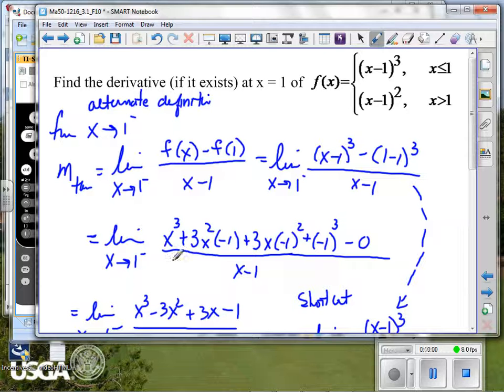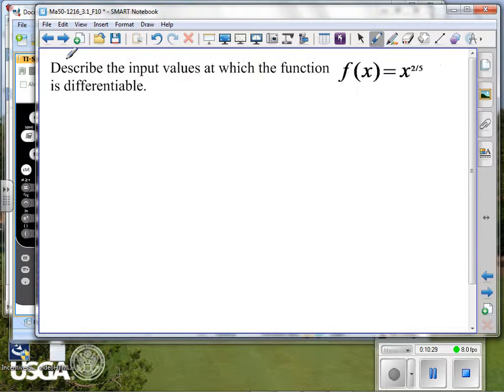If I just say discuss the continuity of this function, and I don't tell you what I want you to do with it, you could opt to find the derivative and say because the derivative exists at 1, by that theorem we talked about in class, if it's differentiable, then it is continuous. So this just says find the derivative. But we always need to kind of review for the test. Okay, let's go on.